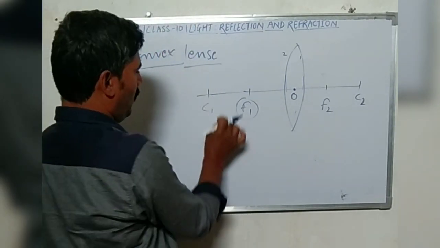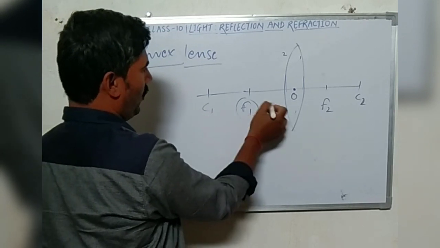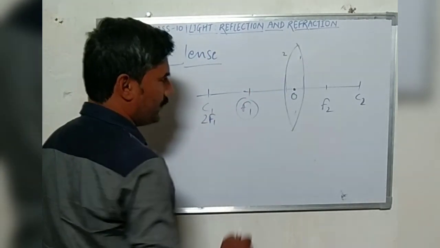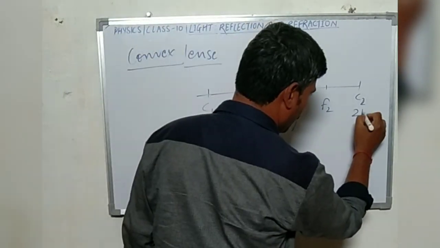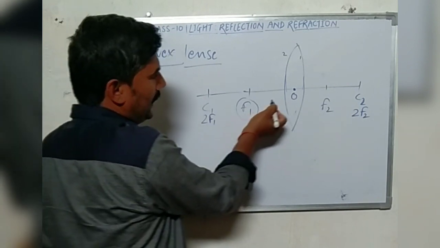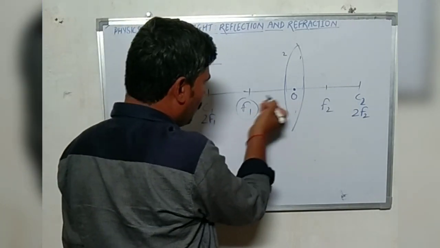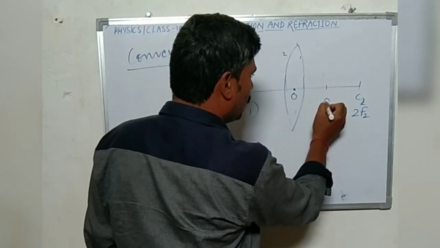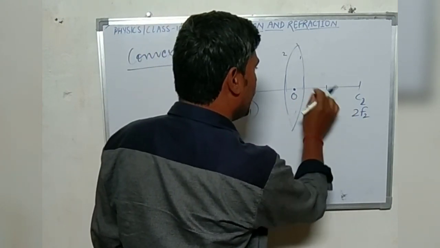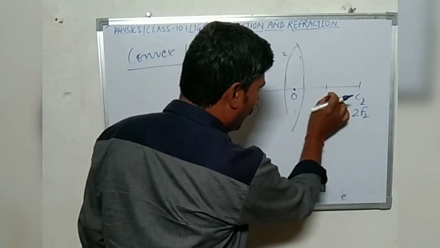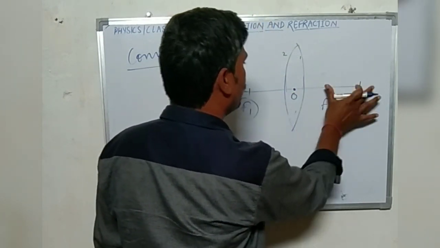This C1, or center of curvature of surface 1, is also written as 2F1. This C2 is also written as 2F2. This OF1 is equal to OF2, and OF2 multiplied by 2 is equal to OC2, because this is half the distance of OC2.